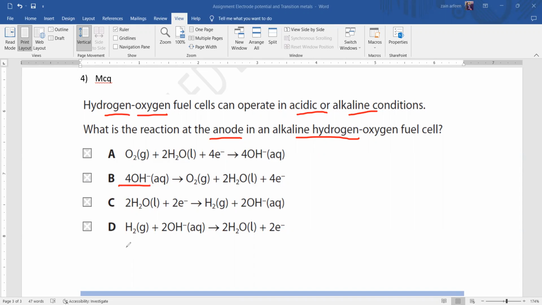Either B or D can be the answer, because A and C cannot be, as hydroxide is given as a product. So if the fuel cell is in alkaline condition, there should be OH present on the reactant side.